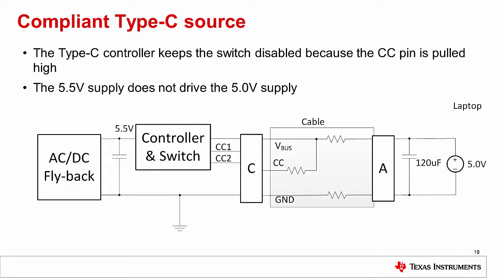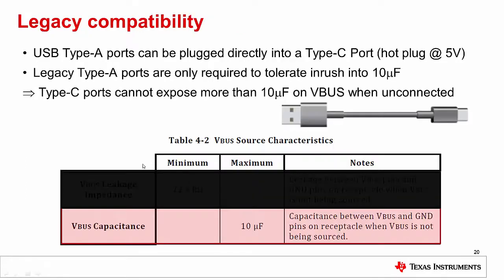If they were to see a large capacitance, it could cause their internal rail to crash. So that's why a Type C system has to meet the same VBus capacitance requirements as Type B. So you see in the USB Type C specification, there is a table which clearly shows that the Type C receptacle cannot have more than 10 microfarads of capacitance.